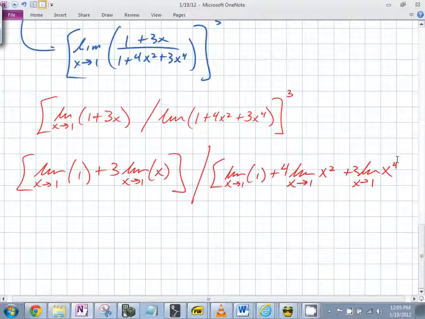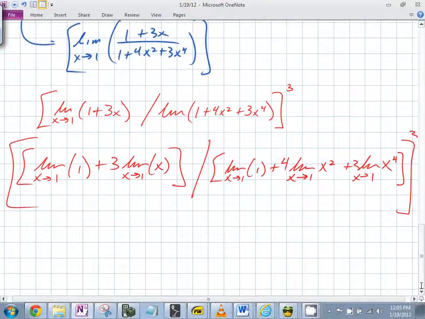Theoretically, there's a few things I could do here. You could do the limit of this and then square it, the limit of this and then raise it to the 4th power. That's what they mean. You can break it down into its individual pieces.